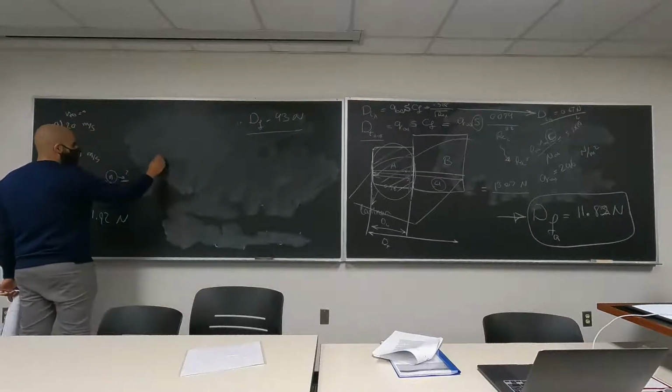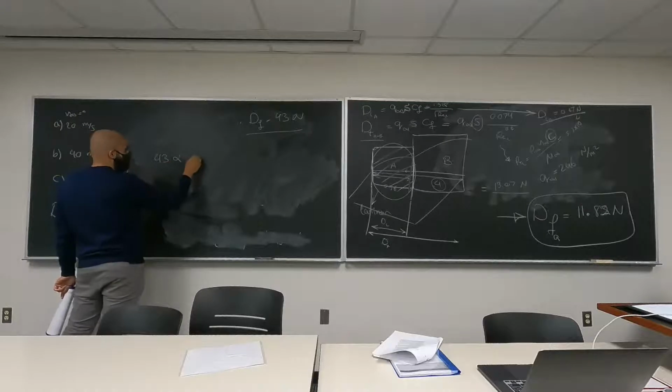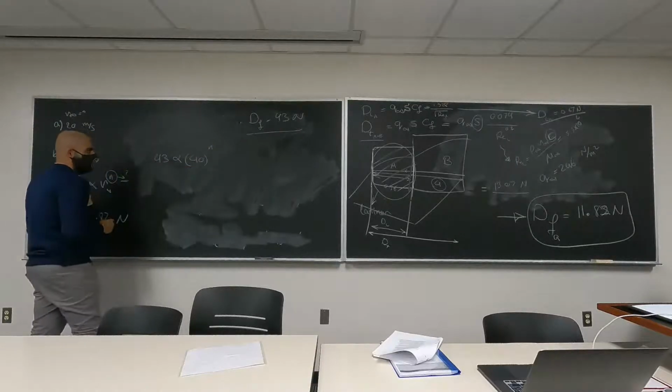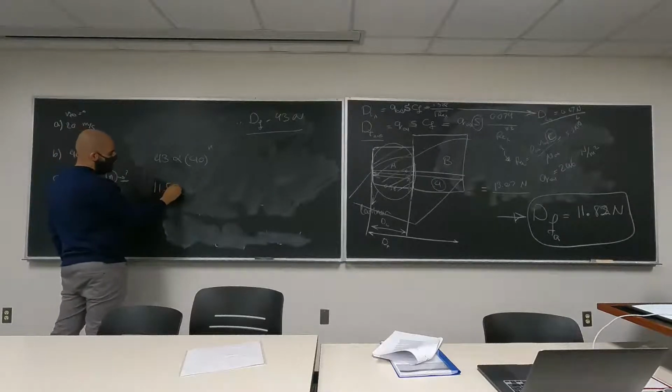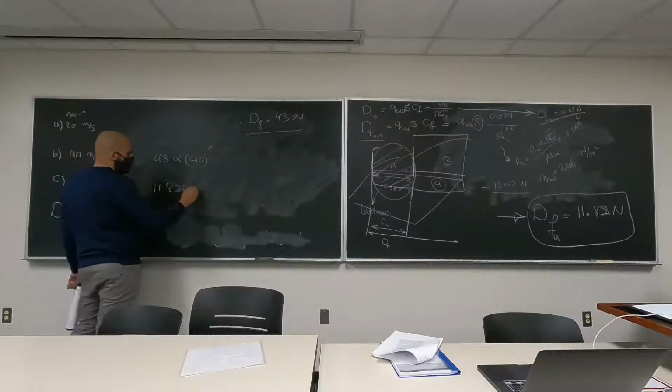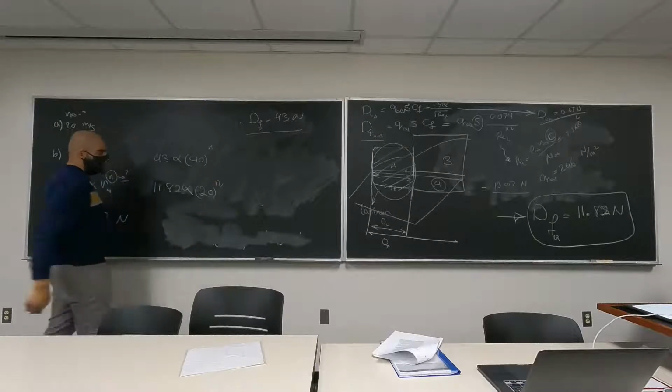So 43 is proportional to V infinity, 40 to the power N. We have this value. And also, we also have 11.82 proportional to 20 to the power N.